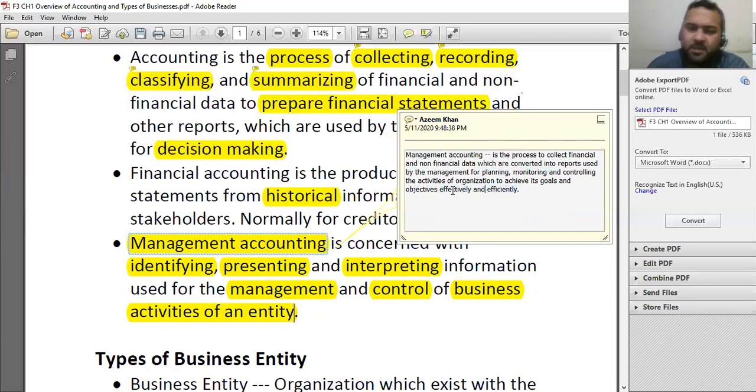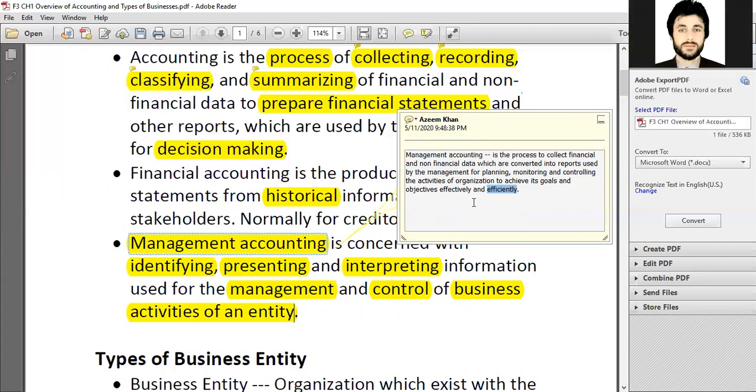Effectively means that the activity we are performing is value adding, meaning the activities are providing benefit towards the objectives, and efficiently means that we are achieving our objectives economically, meaning we are using fewer resources to achieve our objective. So that was the definition of management accounting. Does anyone have a problem with the definition of management accounting?